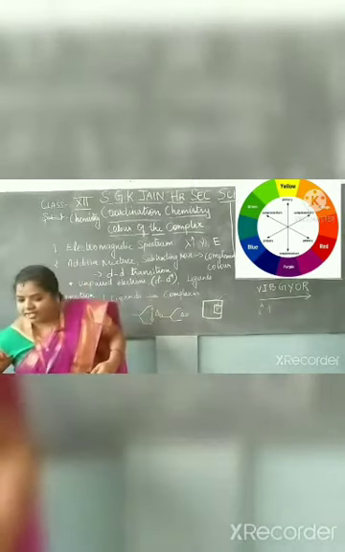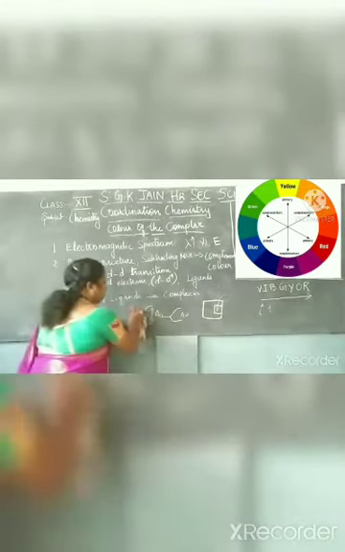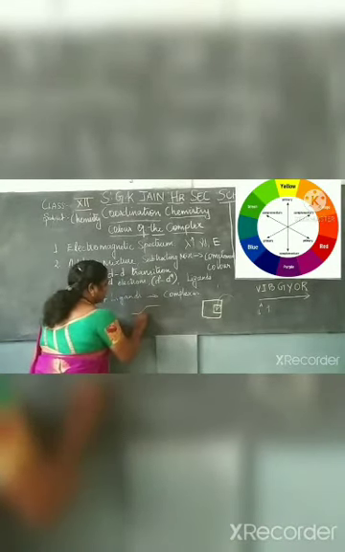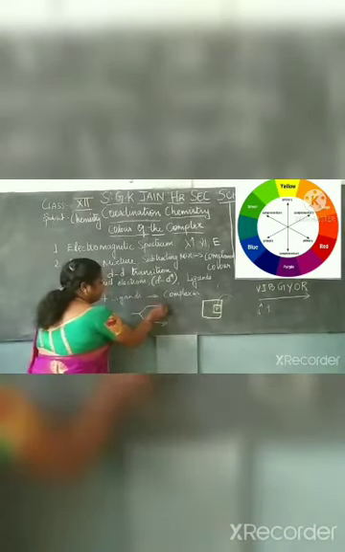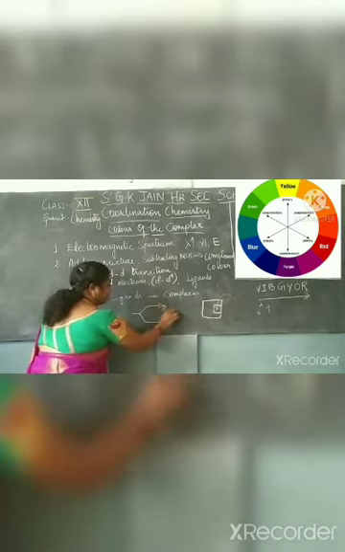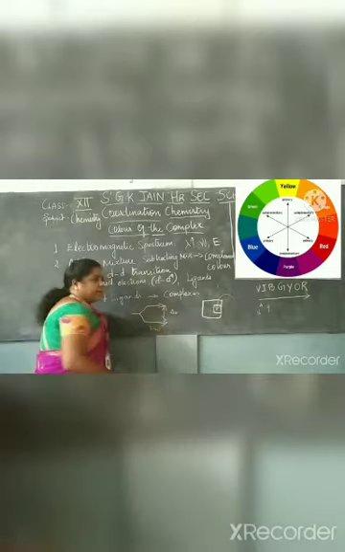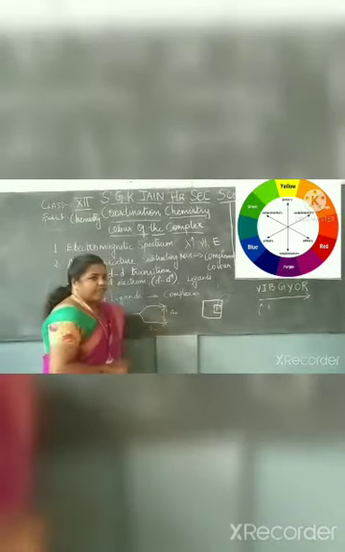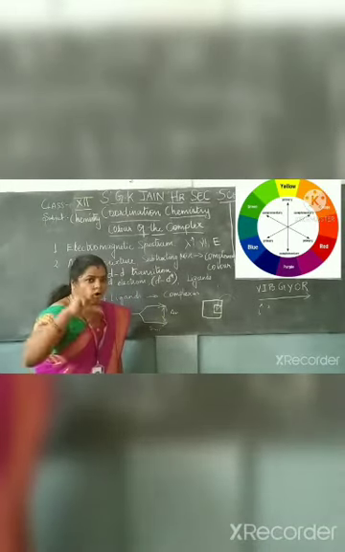Let me see. First of all, let us take the lower splitting orbital. If you consider the splitting, the energy level between the two orbitals becomes delta O. It is smaller in size. Let it be taken as a smaller difference. Okay, delta means difference of energy. Let it be taken as a smaller energy.